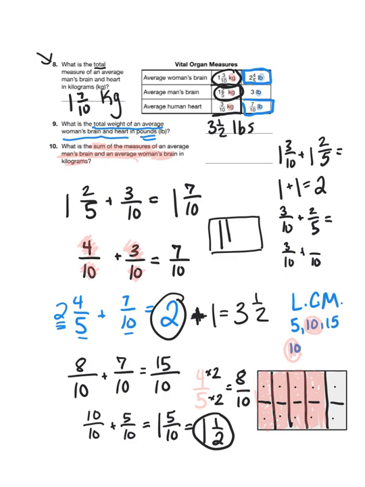Let's look at it visually. 2/5 looks like this. If I cut each fifth in half, now I have 4/10. 1, 2, 3, 4 out of 10 equal pieces. That gives me 7/10, for a total of 2 7/10 kilograms.